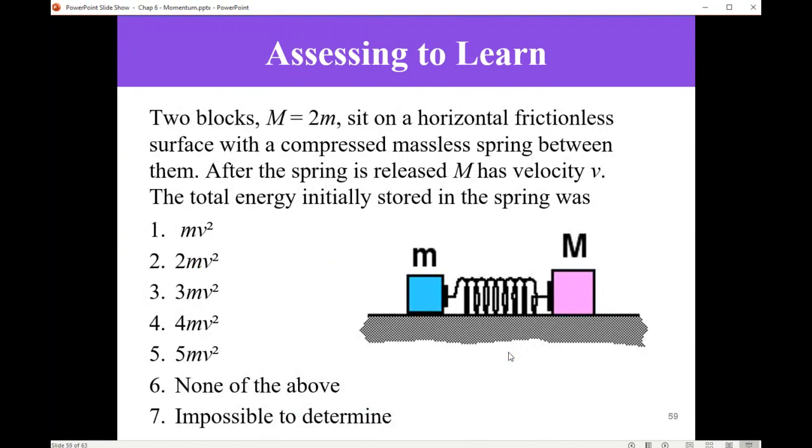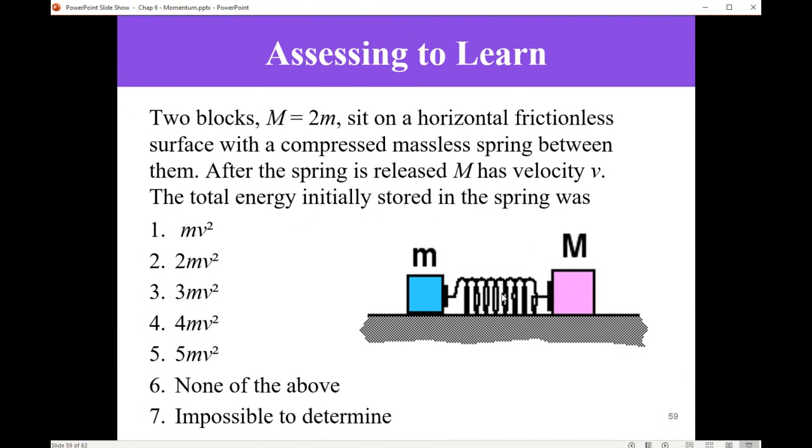Two blocks, M equals 2m, sit on a horizontal frictionless surface with a compressed massless spring between. After the spring is released, the mass M, this one, has velocity V. The total energy initially stored in the spring was?